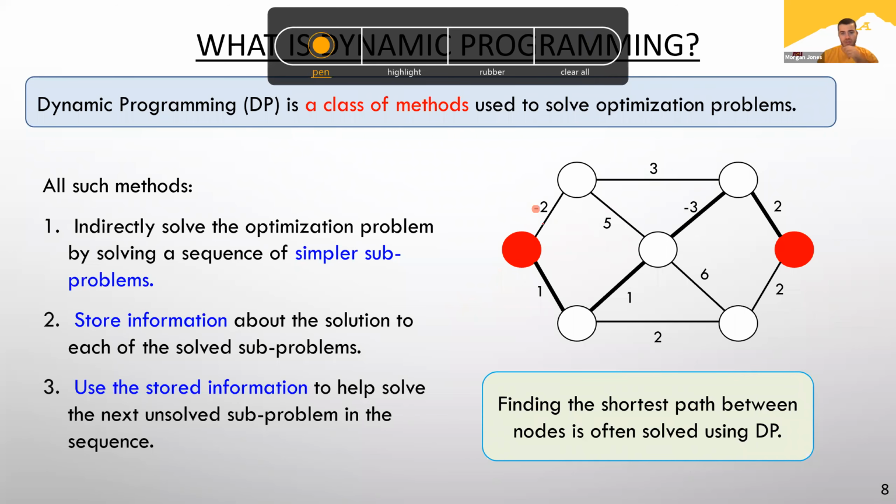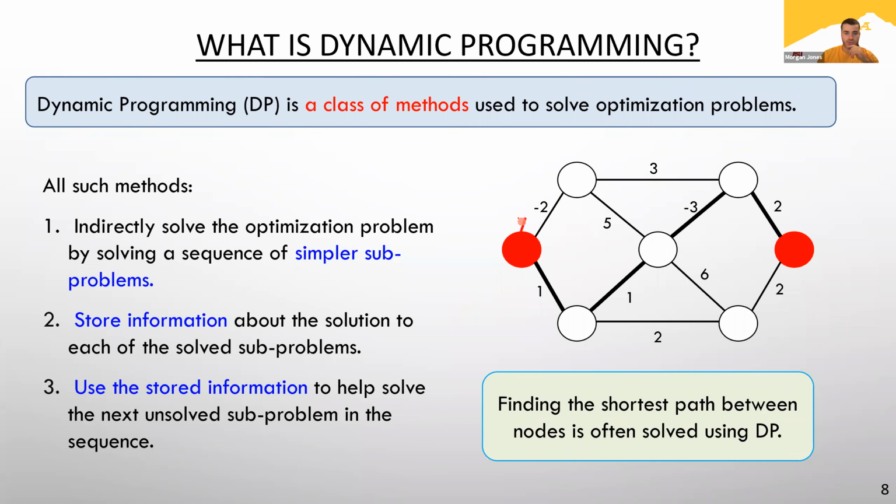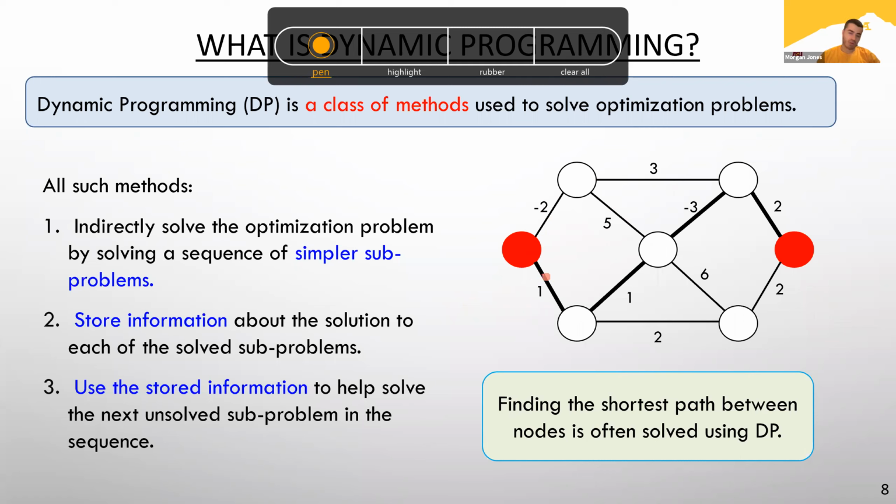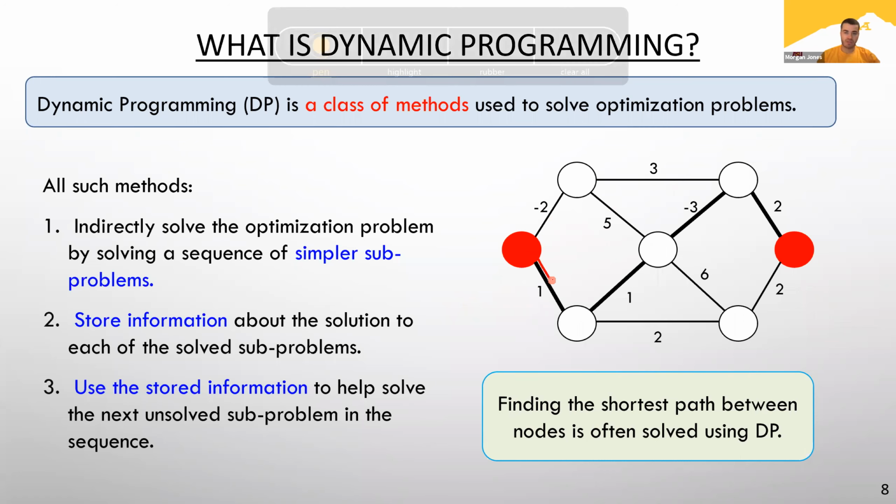So a greedy algorithm might choose to go upwards first because it only incurs a cost of -2 compared to 1. However, later you would end up incurring a cost of 3 or 5. So the optimal strategy is to go where the bold line is. And this is the type of problems that dynamic programming can solve.